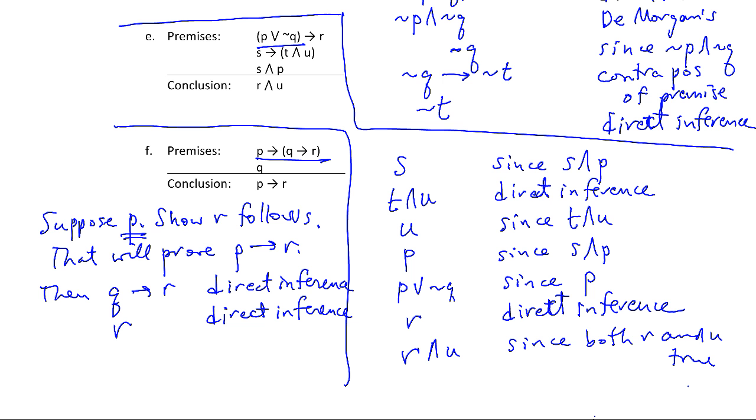Okay? Hence, that's what we wanted to show. We wanted to show that R follows, and we just got it. Hence, P implies R. Okay? So, hopefully that's clear, and hope that helped.